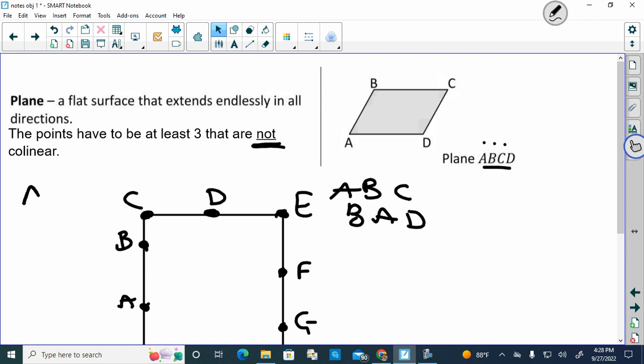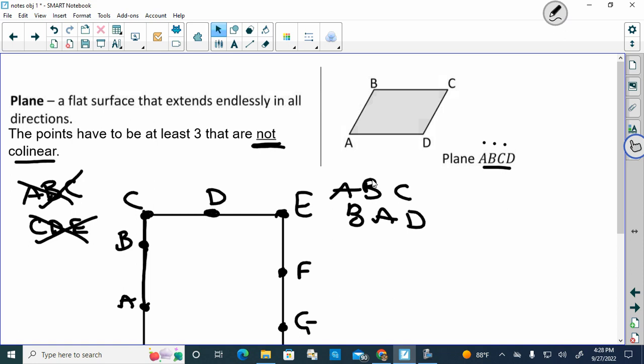So if I called this plane ABC, it would be wrong. It's wrong because these 3 points are collinear. They cannot all be on the same line together. So another wrong answer would be CDE. They're on the same line together. I cannot do that.